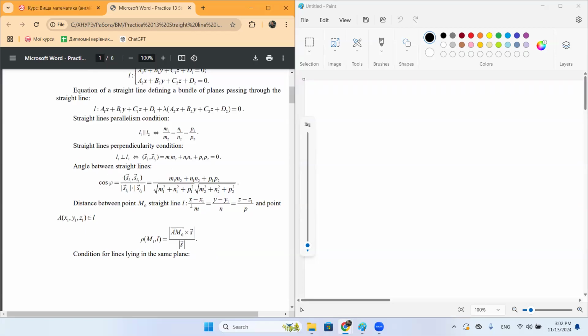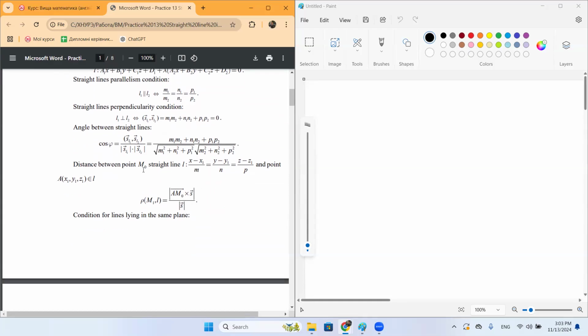And the angle between the straight lines is calculated by the next formula. The cosine of the angle: we divide the scalar product of direction vectors by the product of the direction vectors' magnitudes.